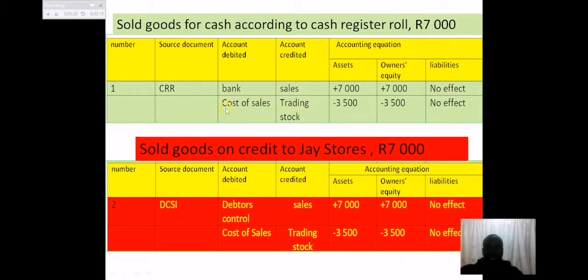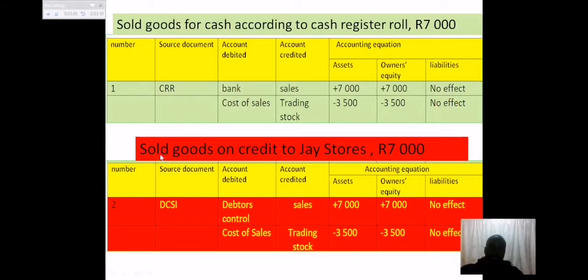And the owner's equity, which is the money that had been used to buy the goods, is also going out with those goods. So in our accounting equation, it translates to minus 3,500 of our assets, which is the trading stock, and minus 3,500 of owner's equity, represented by the cost of sales, and still no effect on our liabilities.